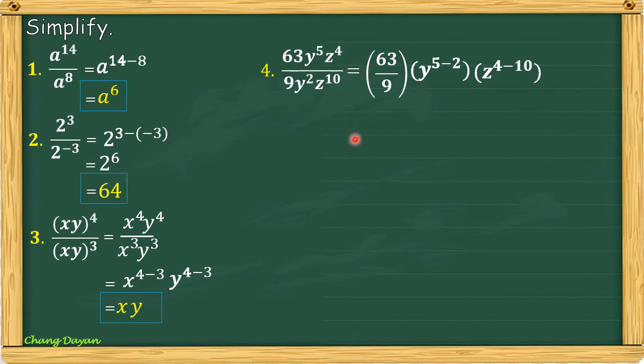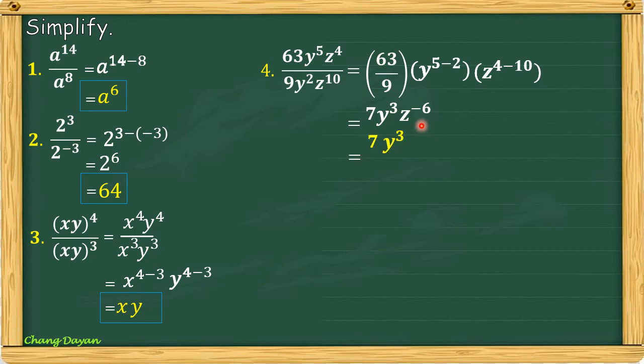Now, let us simplify. 63 divided sa 9 will get 7. 5 minus 2 will get y cubed. Then 4 minus 10 will get negative 6. So, kung mapapansin nyo, mayroon tayo ditong negative na exponent, negative 6.